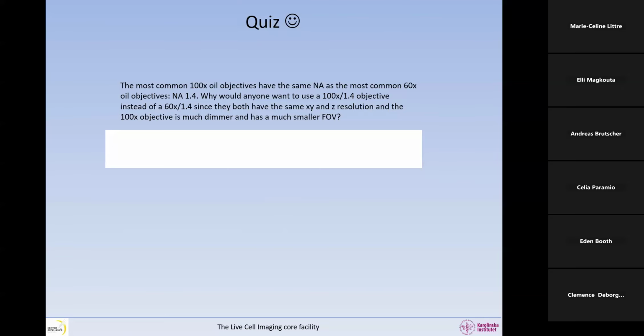And if this pixel is smaller than half of the optical resolution, when with 60x that digital pixel is larger than half of the optical resolution, then the person may want to use the 100x.